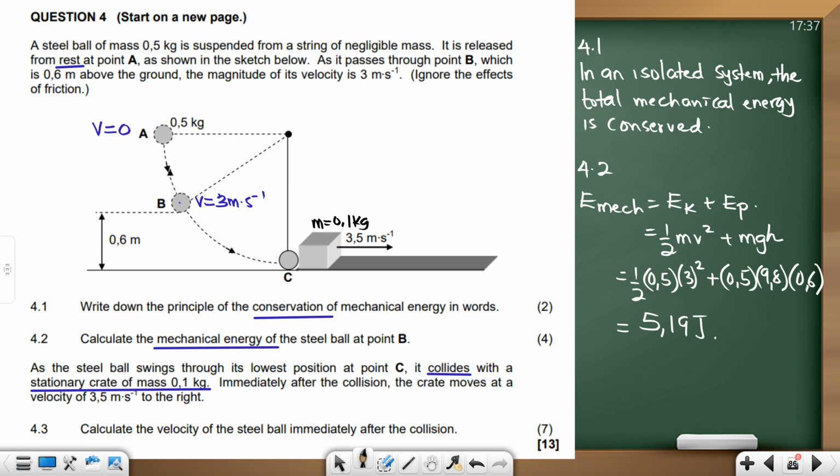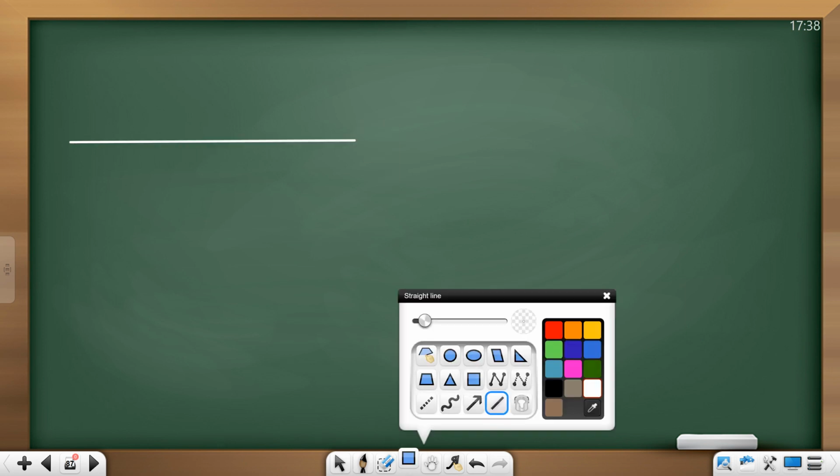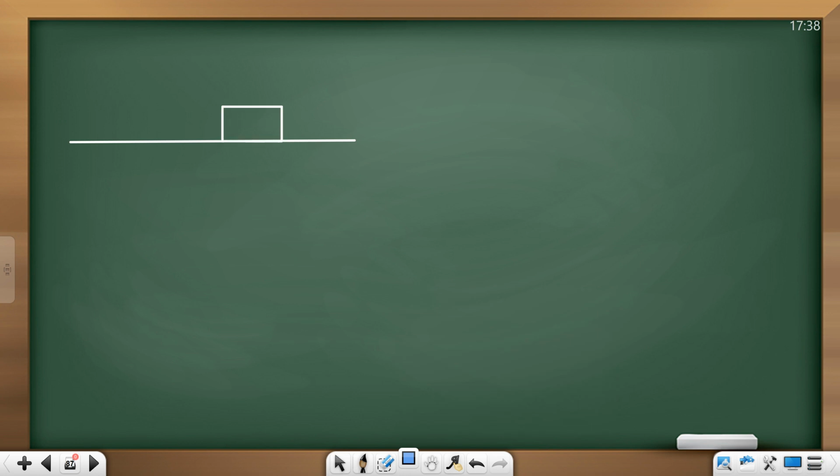Are you seeing that with the diagram, right? So, no stress. Calculate the velocity of the steel ball immediately after collision. All right, please follow what I'm going to do. We have a collision here. I'm going to go to a new page. We have a collision so that you understand the scenario before we start calculating. We have a collision of a steel ball and a small crate.